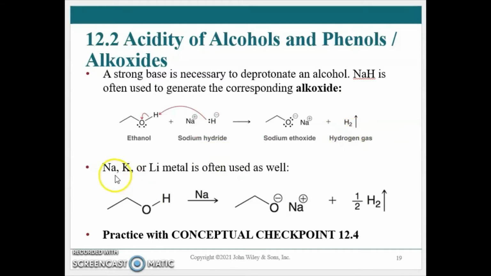Alkali metals such as sodium, potassium, or lithium are often used to treat alcohols to make the corresponding alkoxide. So we can make sodium ethoxide, potassium ethoxide, or lithium ethoxide from ethanol and the alkali metal.